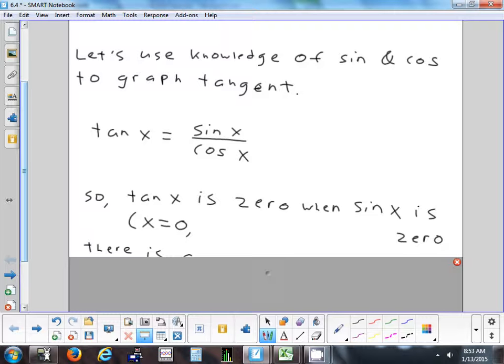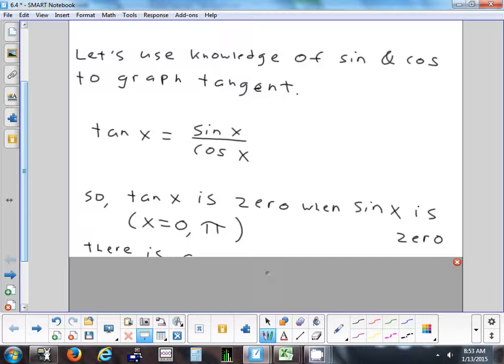Sine hits 0 again at another point in that period. Did you give me degrees or radians? Because it's actually the same. Radians. Okay, so you did 0 radians. So let's also do the next answer in radians. What's my other answer where it hits 0? Yep. Pi. Good.